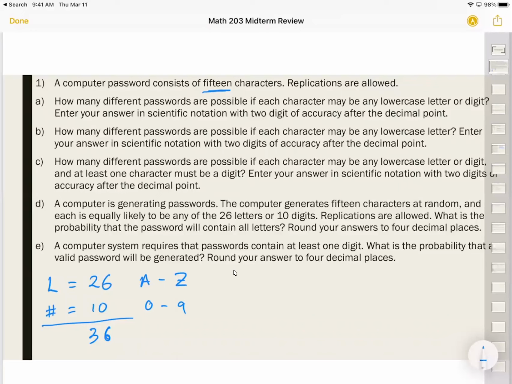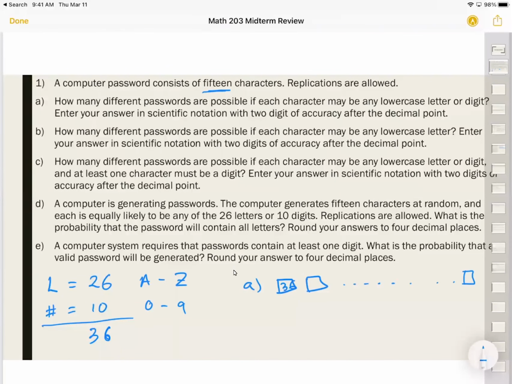So in this case, remember, we have 15 slots to create this password. And in each slot, what are the possible outcomes? You have 36 different ways that you can choose one item.